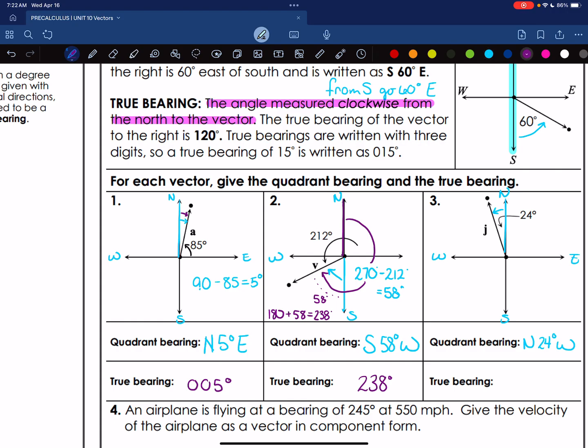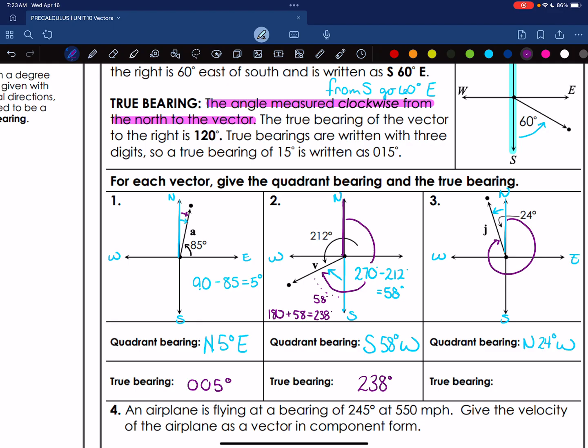Now, what about our true bearing? Can you guys figure out what that true bearing would be? So I'm measuring from north. I've got to go clockwise and terminate at that vector. And so those two parts together are 360.